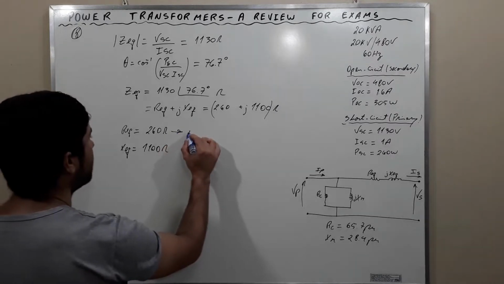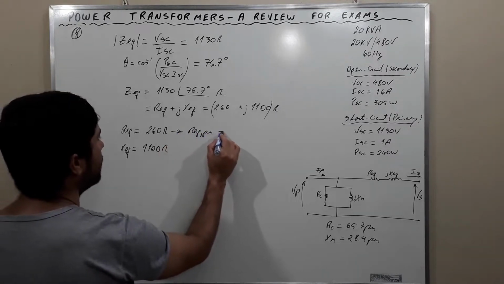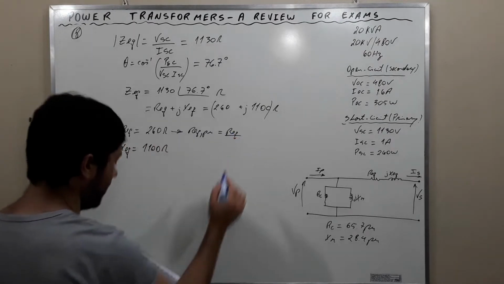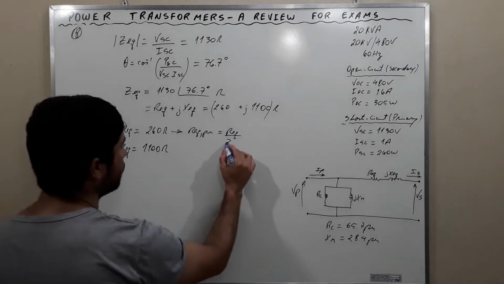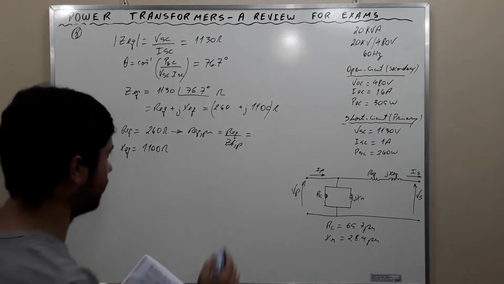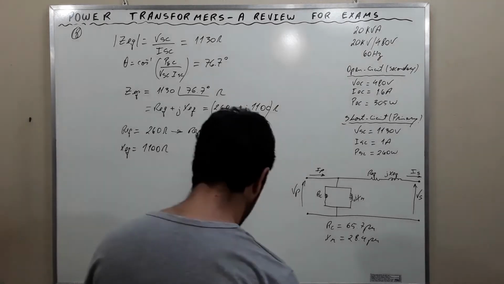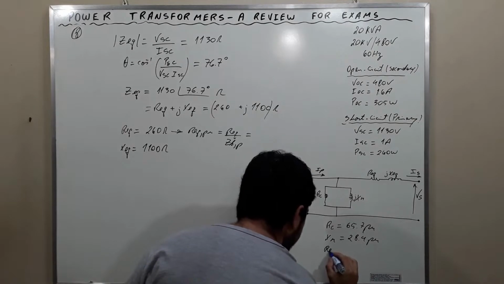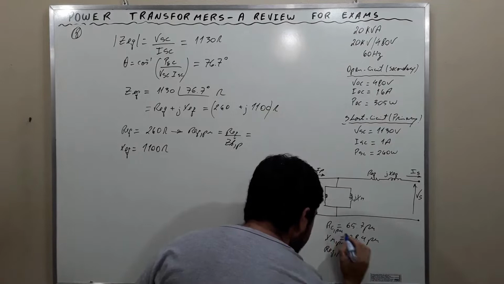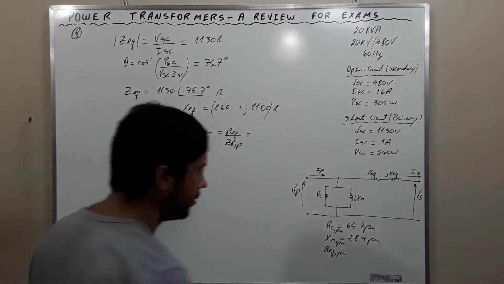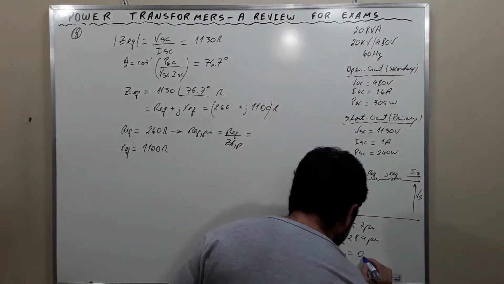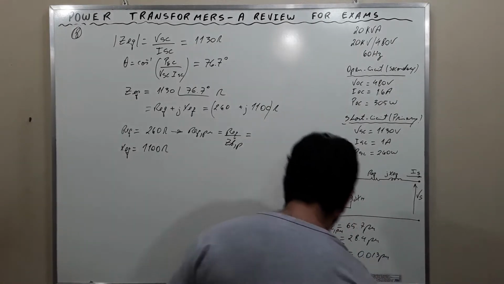We simply divide Req per unit is equal to Req divided by the base impedance referred to the primary side, and this gives a value of 0.013 per unit.